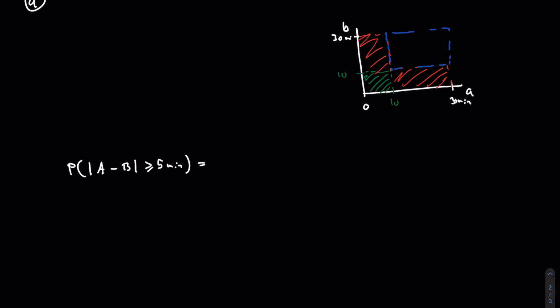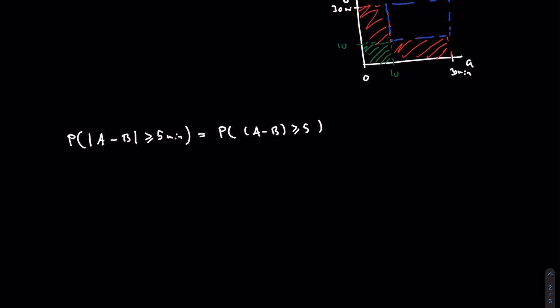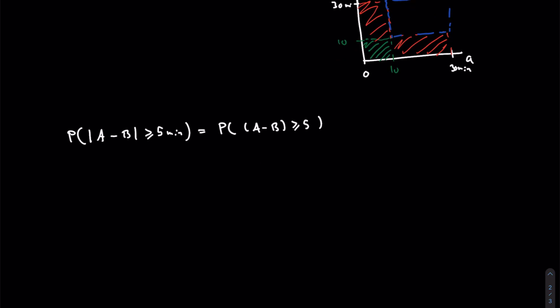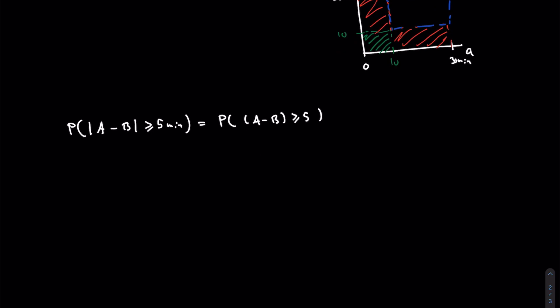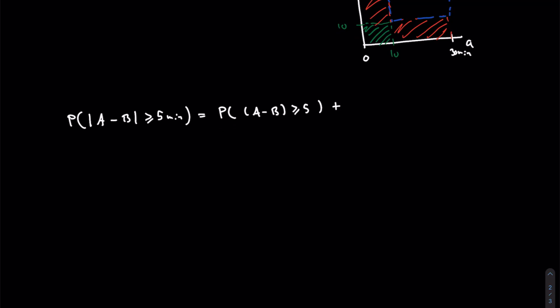Well, it means that we have the probability of A minus B being larger than 5 minutes. And I'm going to do one thing very soon, which is that I'm going to redefine these minutes into a standardized version.